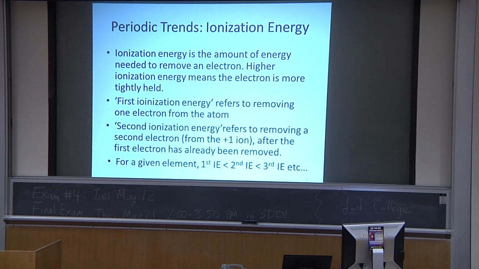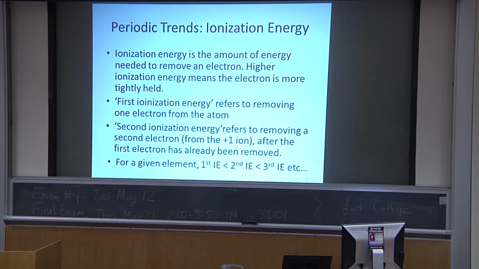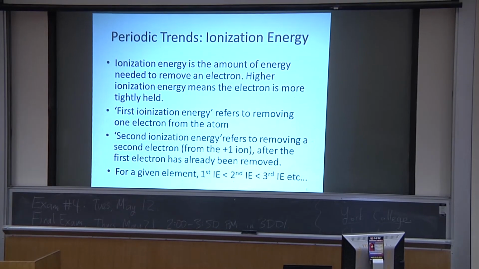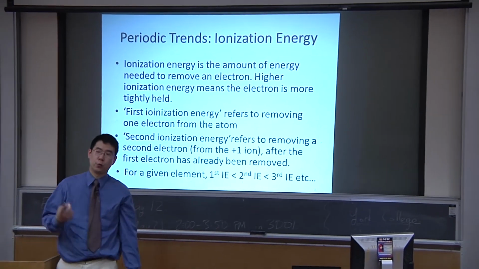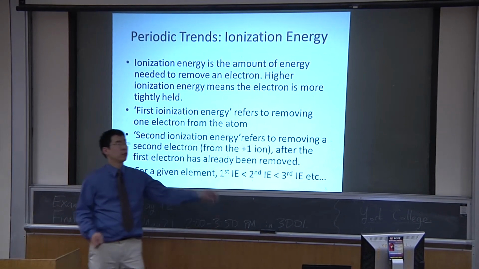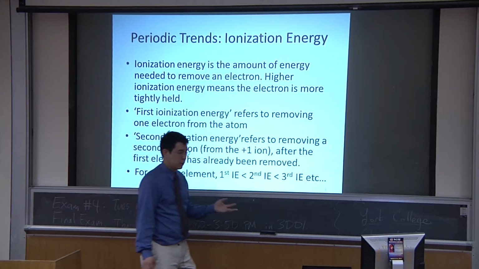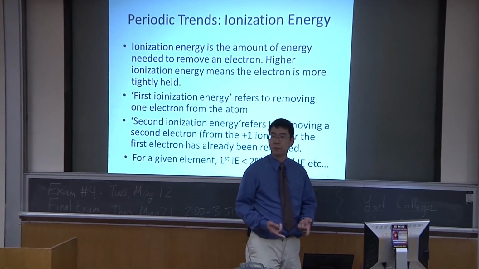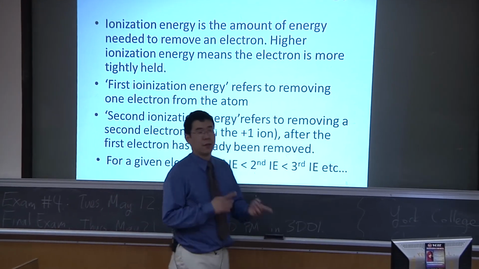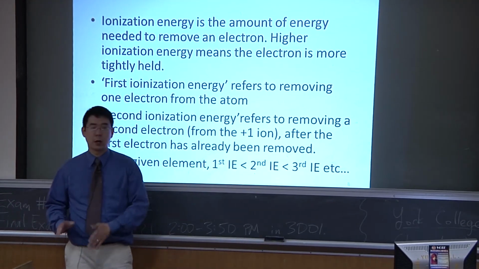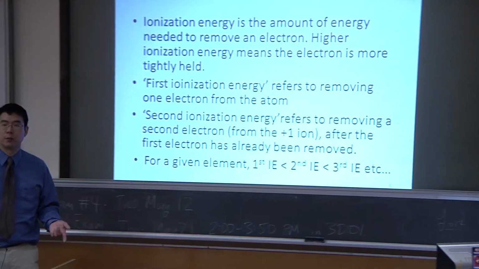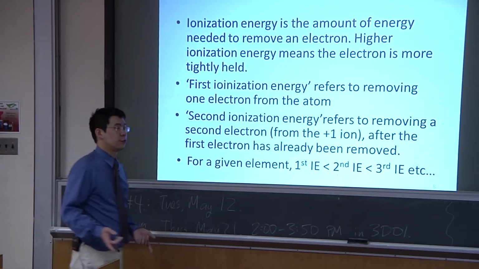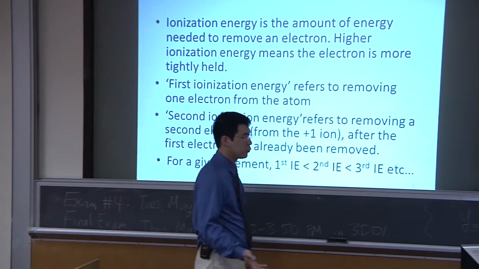So these elements in the first column, first family, the alkali metals, group 1, it's very easy for them to lose one electron. And so in general, those group 1 elements are going to have the lowest first ionization energy. That correlates to what we know about what kind of ion they like to form. Those group 1 elements like to form ions of charge +1. That's because when you lose one electron, you get a charge of +1.